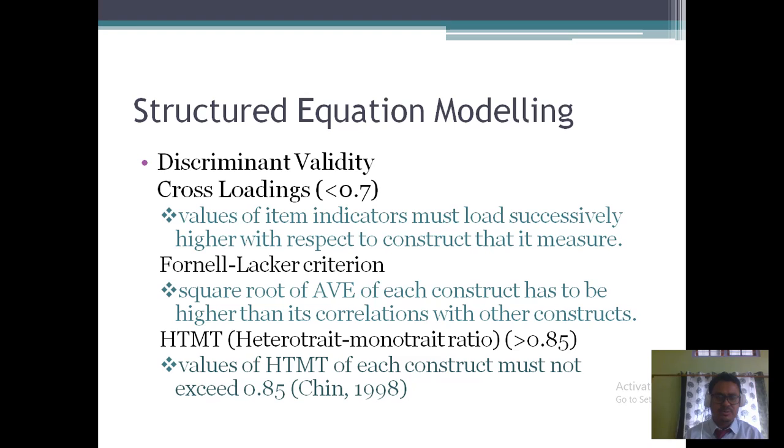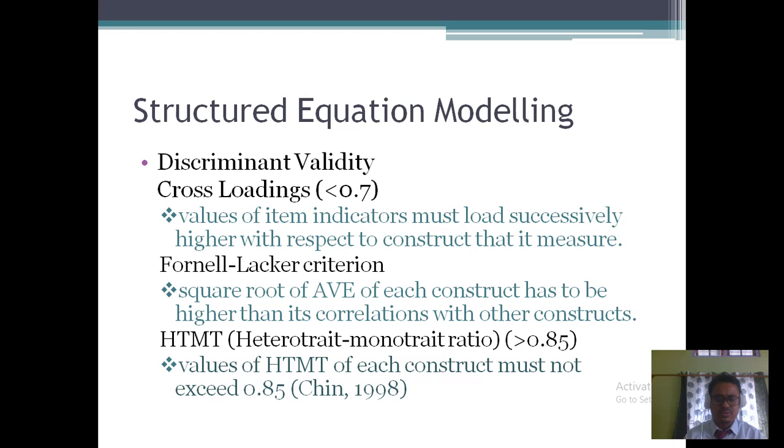That is, if I have two variables in the model which are measured by different items, suppose brand equity and purchase intention, the cross-loading measure states that the items that I have used to measure brand equity must not load with a higher value on purchase intention in order to establish discriminant validity.